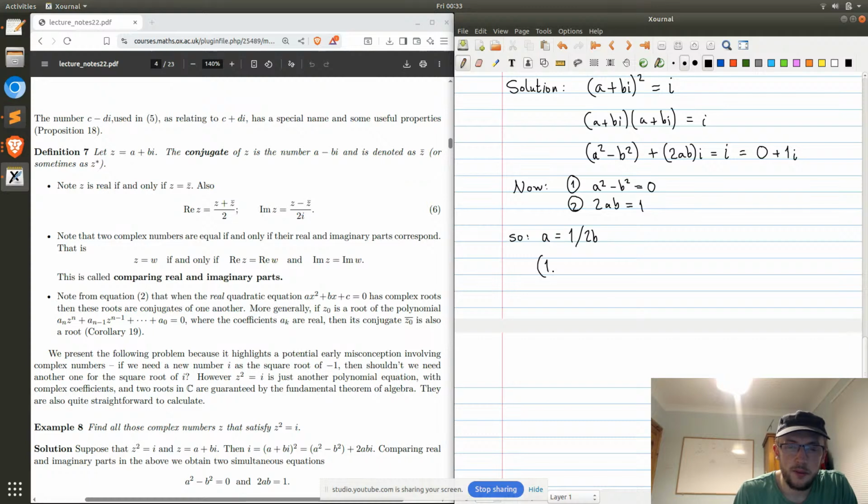And so we have, wait, am I being really foolish? I don't know why I'm doing that. ab is just a half. So it's the square root of a half, isn't it?